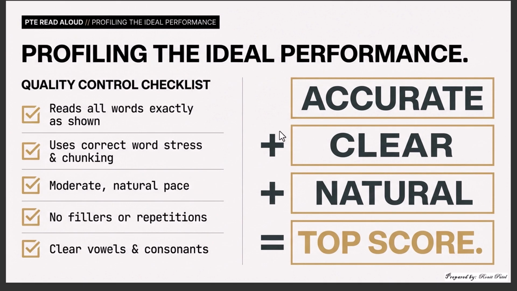Natural means your speed is comfortable, your pauses follow punctuation, and your speech feels like real communication, not robotic reading. When these three qualities combine, the scoring system recognizes your speech as high level, confident, and intelligible. And that is exactly what produces a top band performance.